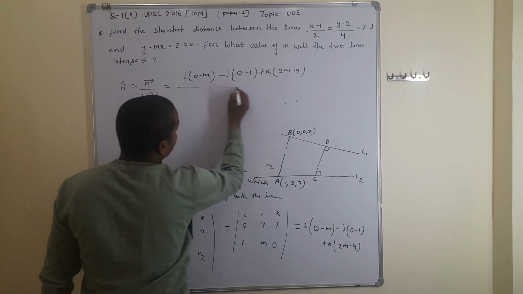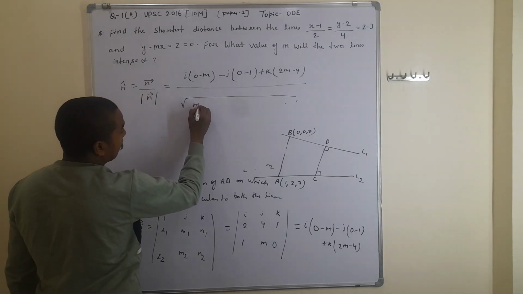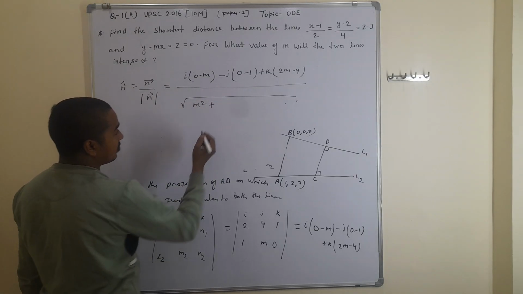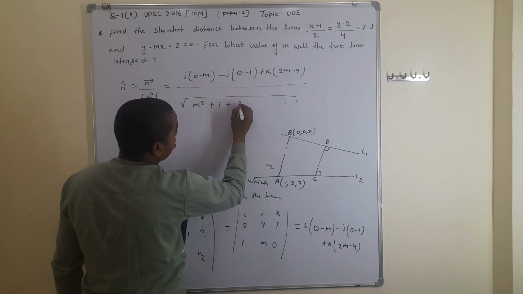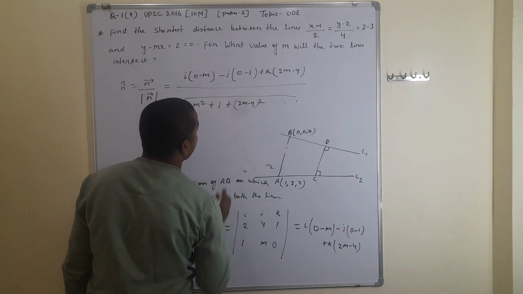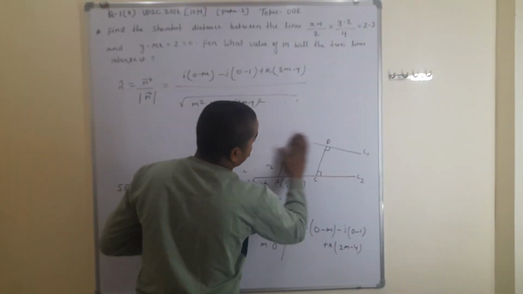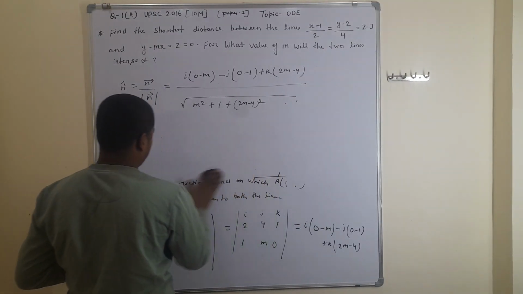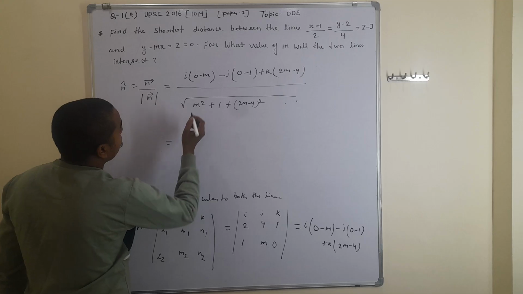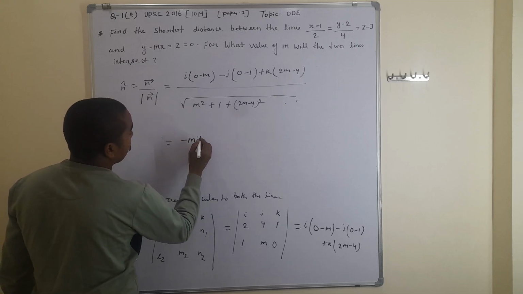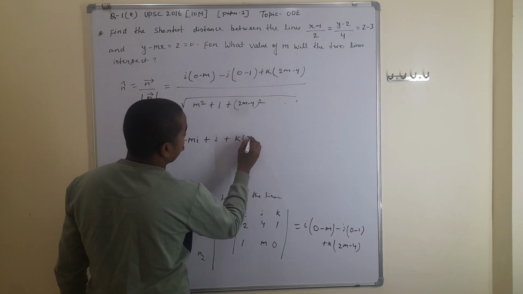Taking mod in the root, that is minus m squared is m squared, plus minus 1 squared is 1, and from here (2m minus 4) whole squared.